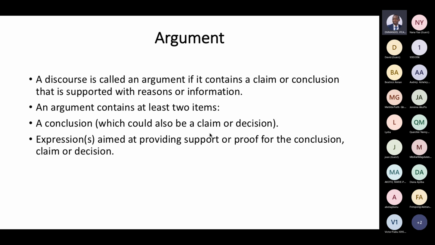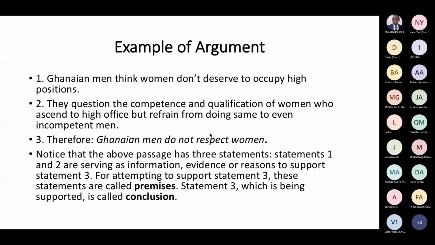We say that a discourse is an argument if it contains a claim or conclusion that is supported with reasons or information. An argument contains at least two items: a conclusion, which could also be a claim or decision, and expressions aimed at providing support or proof for the conclusion, claim, or decision. So these are the two main parts of an argument. And then we gave an example of an argument.